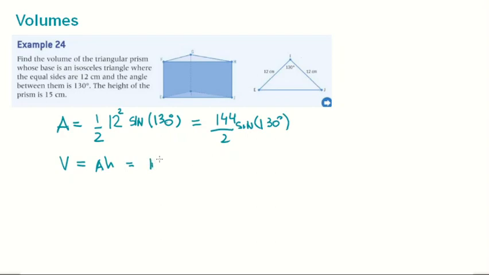So it's basically 15 times 144 divided by 2 times sine of 130. And that would be 827 cubic centimeters. Okay, remember that this is always to the power 3 because we're calculating volumes. All right, and that's it.